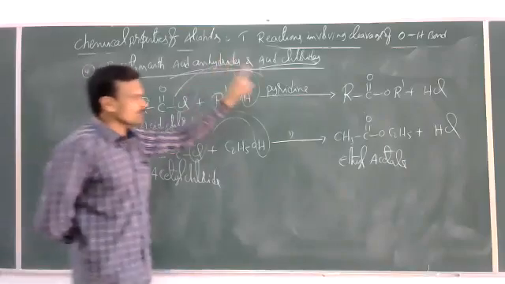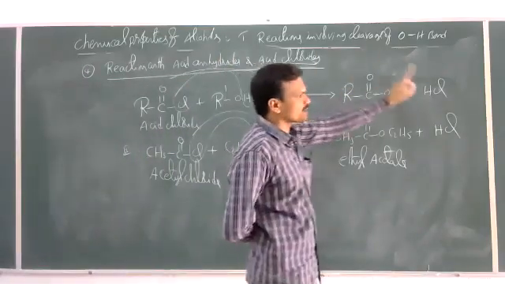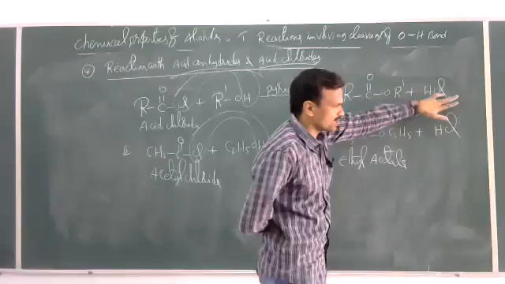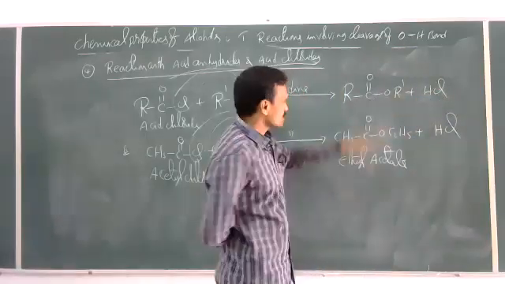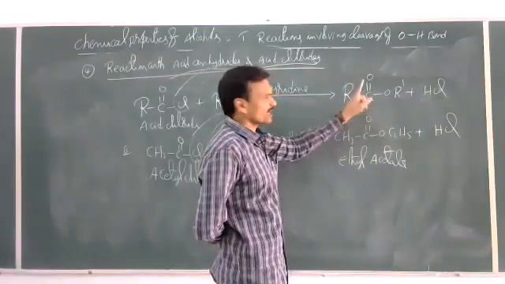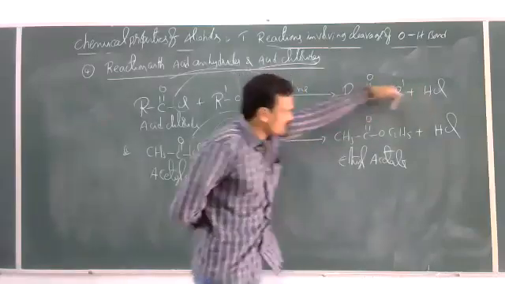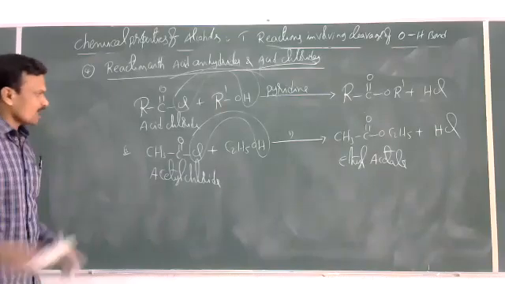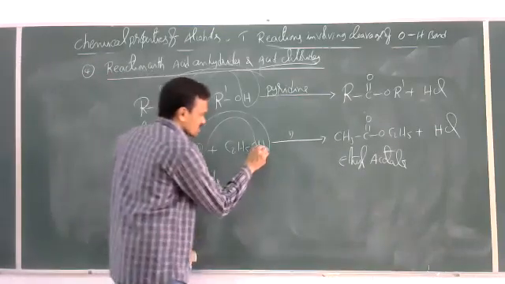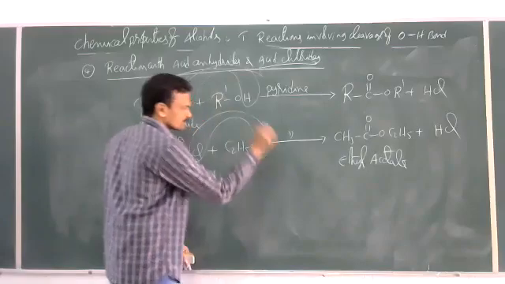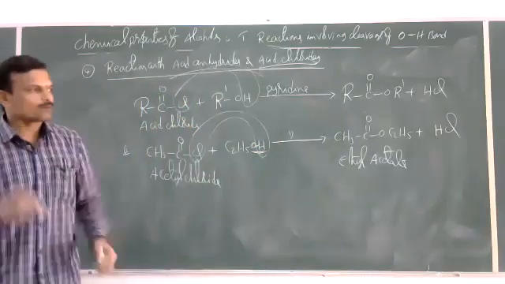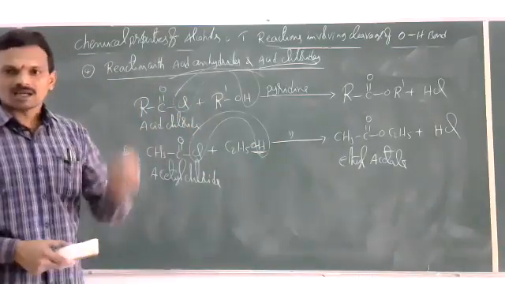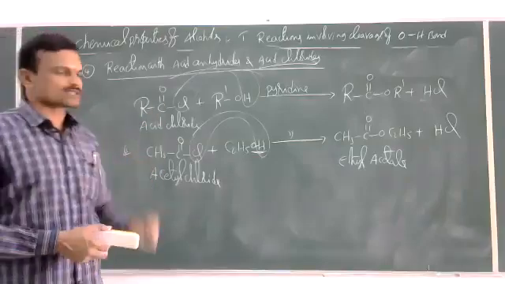So the presence of pyridine absorbs the HCl formed and neutralizes it. Unless otherwise, the ester formed in the reaction gets hydrolyzed in the presence of the acid to give back the reactant. The same backward reaction takes place. And if you observe here, the cleavage of the OH bond takes place. So these are some examples where the cleavage of the OH bond in alcohols takes place.